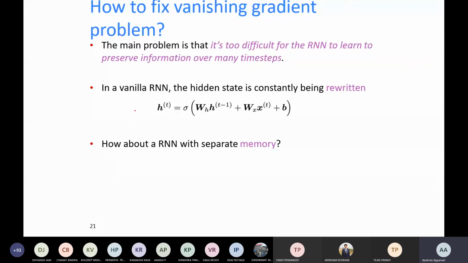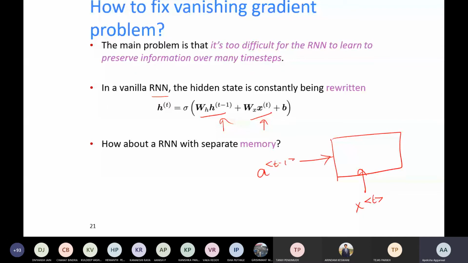This is a simple RNN that we have. Simple RNN hidden layer calculation: it takes weights from the previous activations as well as the current input. Two things it takes as input. So what is the architecture of a simple RNN? We have an RNN cell. We give input some term, let's say xt, and we also give the previous activation, a t minus 1, as input.